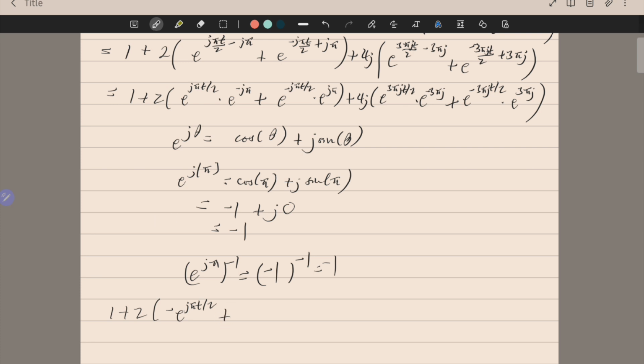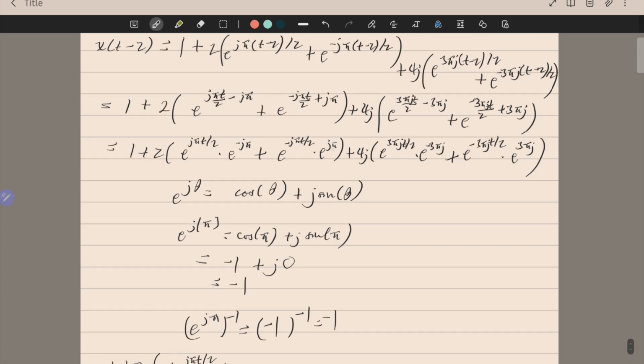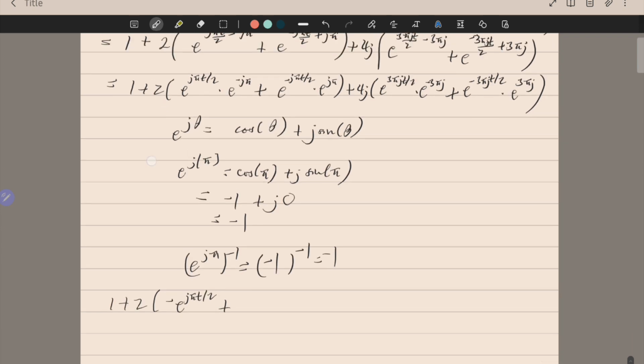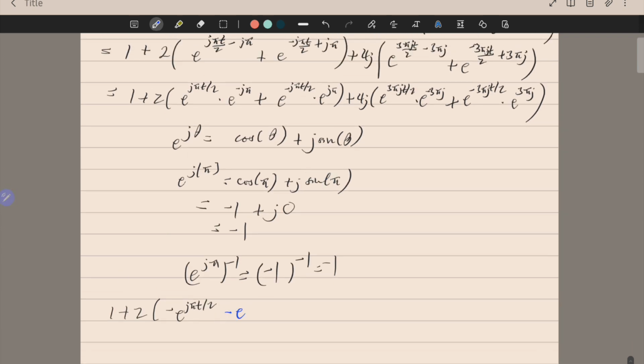What else? Plus, so this is e^(jπ) here, that's equal to -1, so that's minus e to the jπt over 2, minus jπt over 2, so plus 4j. Here we have e to the power of -3, so e^(πj) to the -3.